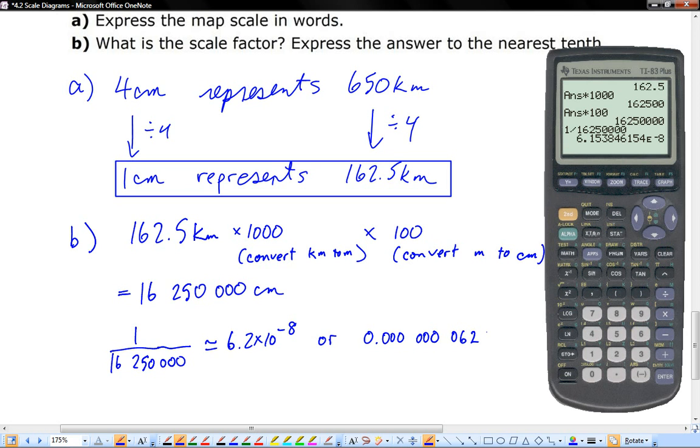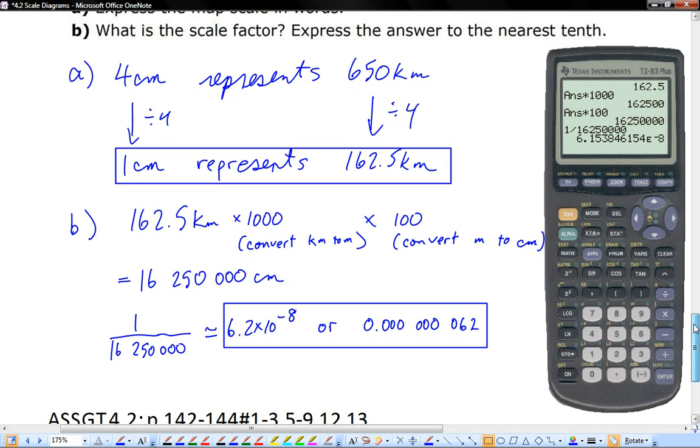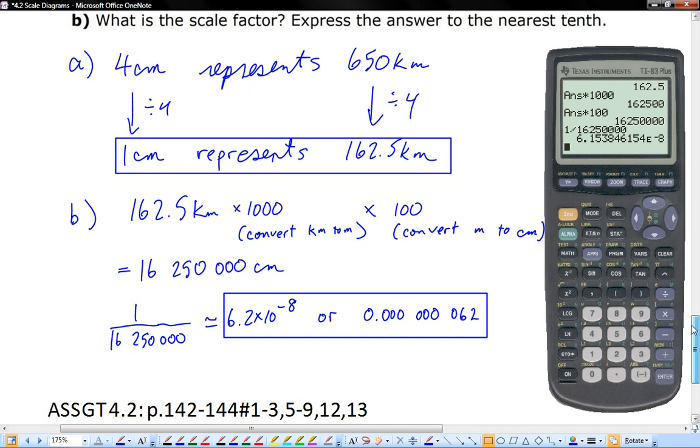This is your scale factor. So this is a huge reduction. Of course, if you're taking something that's 162.5 kilometers long and reducing it down to 1 centimeter, that's quite a bit of a reduction. Anyways, there's your scale factor, and we've rounded that to the nearest tenth in scientific notation, and we also took a look at that number in just regular decimal form.